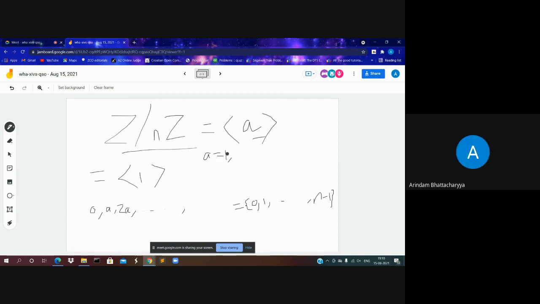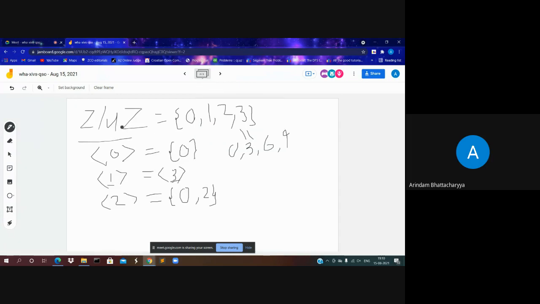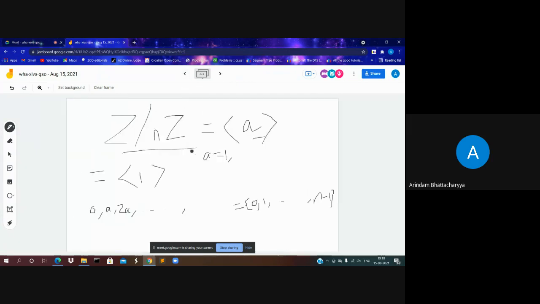So what are the values of A? No, I am asking which values of A generate the whole group. Okay, wait a second, let me think. For n equal to 4, the answers are A equal to 1 and 3.